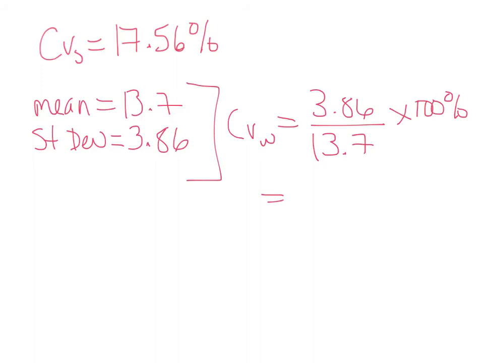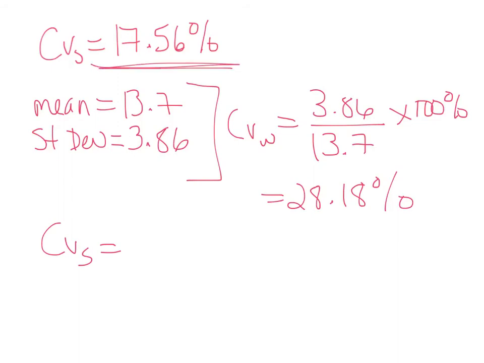So 3.86 divided by 13.7 gives me the decimal 0.281751825. Multiplied by 100% gives me 28.18%.